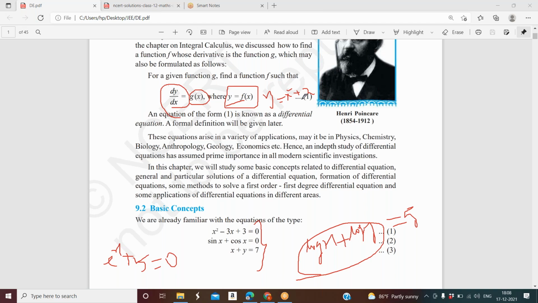So if there is a change in x, then there will be a change in y. That can be represented mathematically as dy by dx, derivative of y with respect to x.